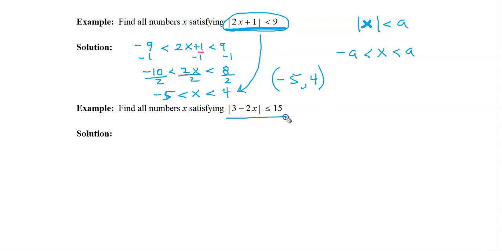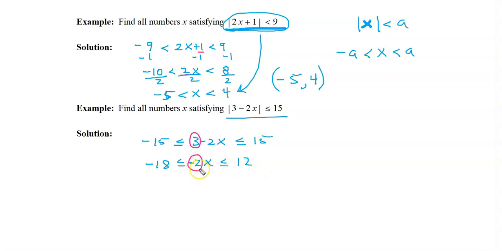Now let's take a look at this one. So we do the same thing. We set up, now we want to isolate the x, so we're going to get rid of this 3 first by subtracting 3 from each term. And when we do that, we're going to get, now we have to get rid of this -2.